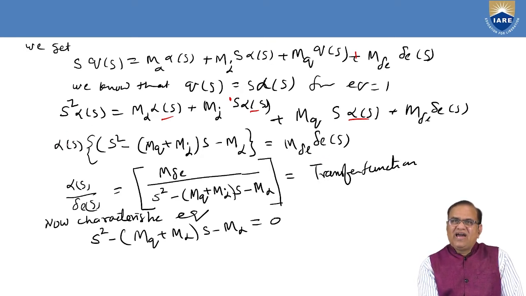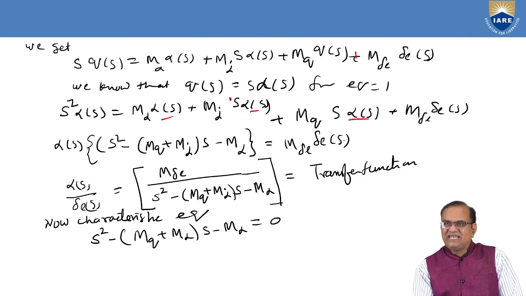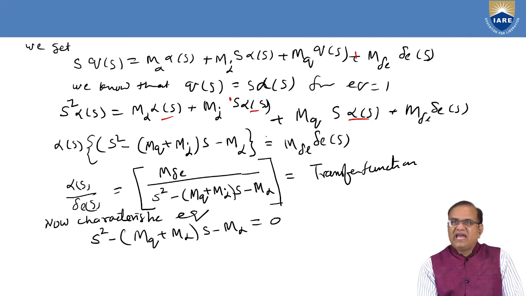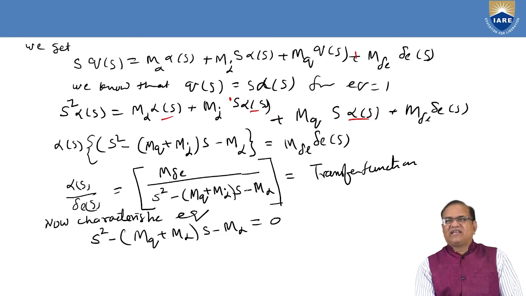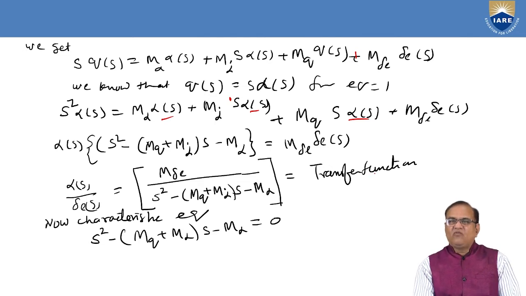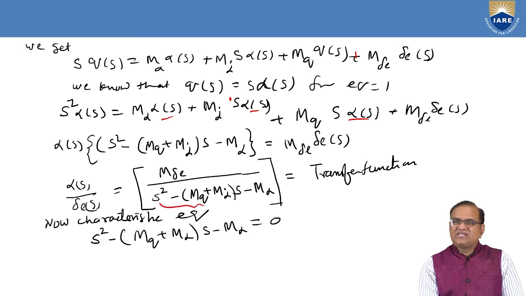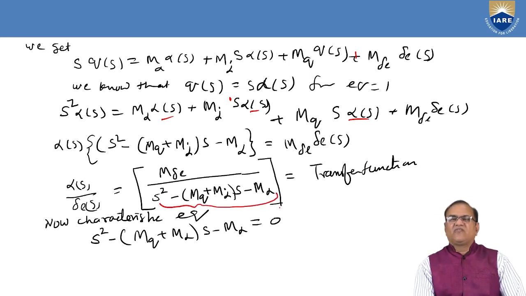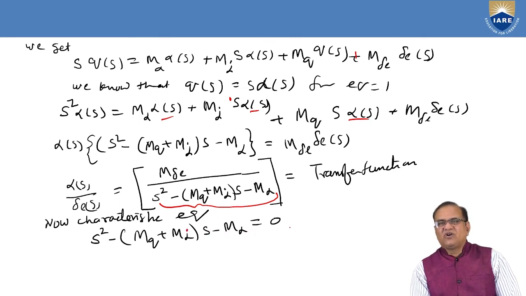So now alpha(s) by delta E(s) is equal to m delta E divided by s squared minus (m q plus m alpha dot) s minus m alpha. Now we have the transfer function, and this is the characteristic equation which we have to solve. So the characteristic equation is s squared minus (m q plus m alpha dot) s minus m alpha equal to 0.